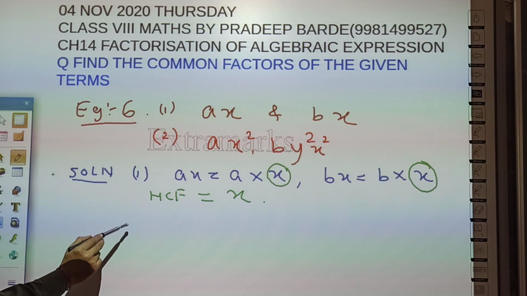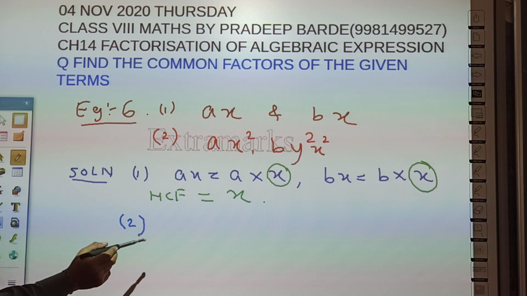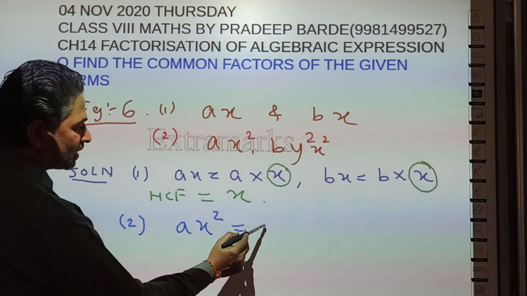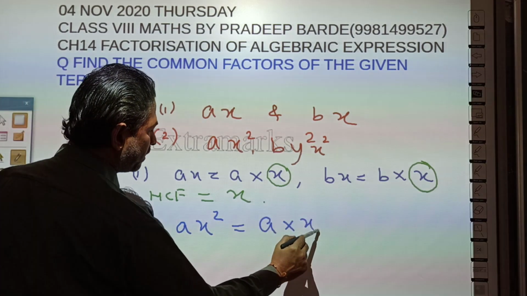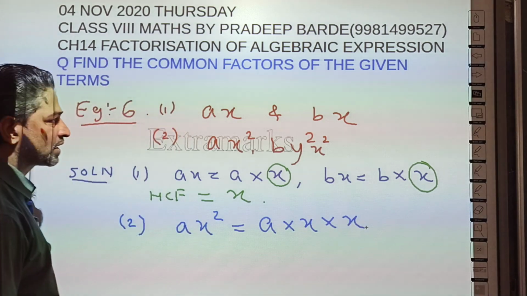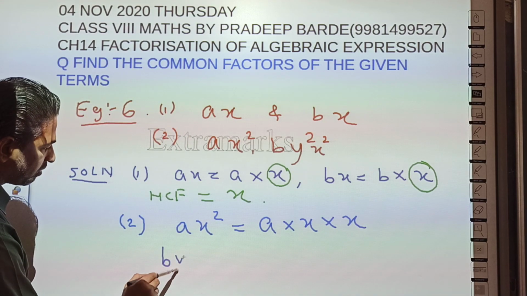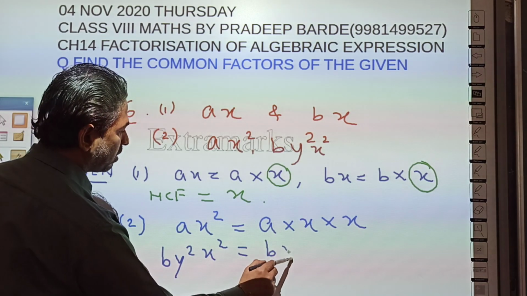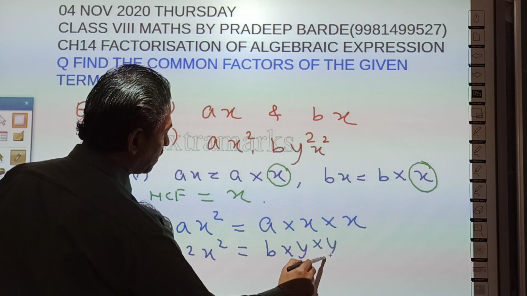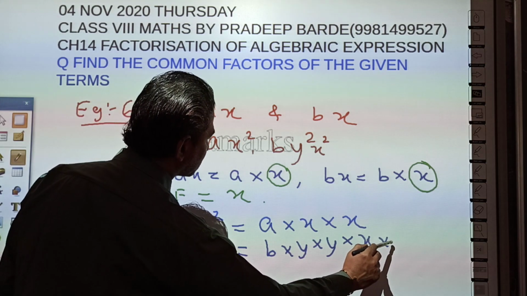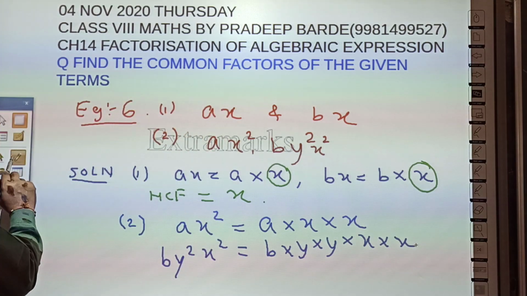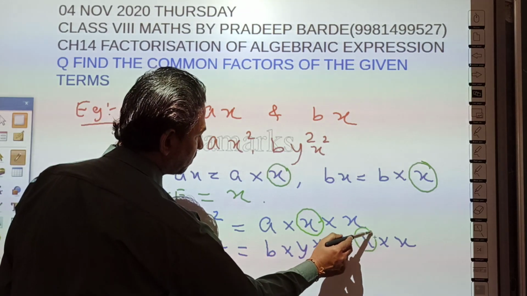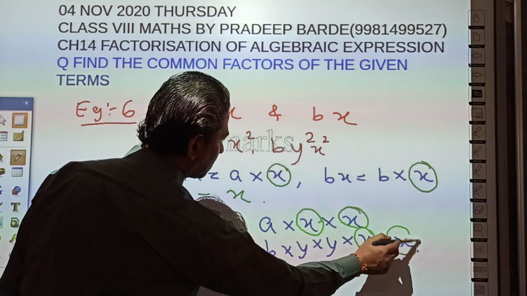Second example, second part. ax square can be written as a into x into x, and b y square x square can be written as b into y into y into x into x. Now we see the common factor. x is common here, and again one more x is common here.